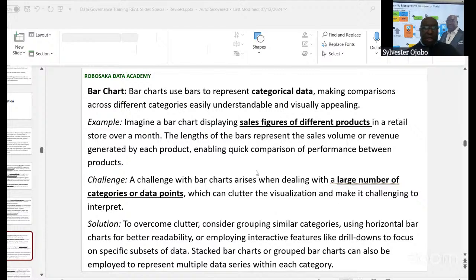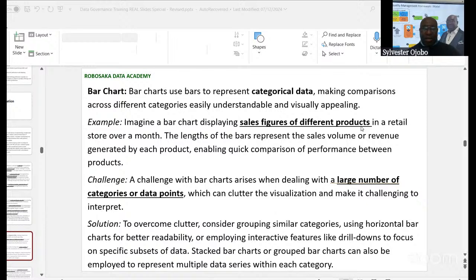Okay, bar charts represent categorical data. What do you mean? Making comparison across different categories, so easily understandable and usually appealing. For example, imagine a bar chart displaying sales figures for different products in a retail store over a month.